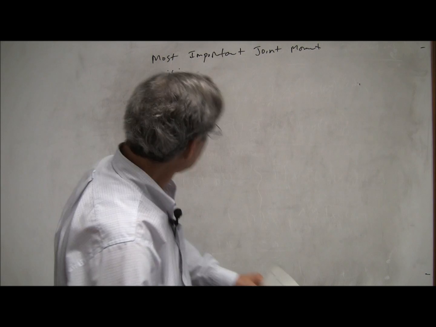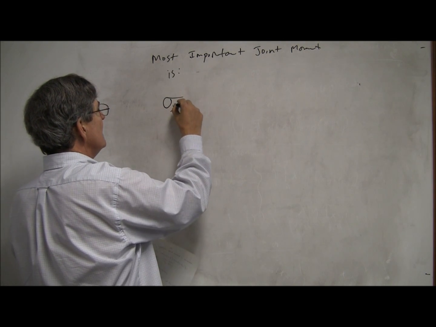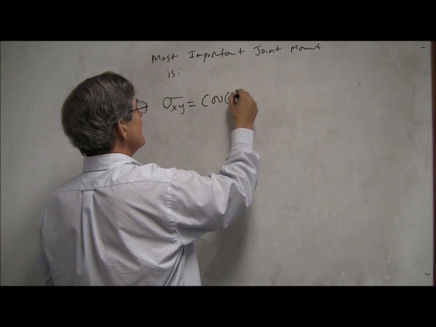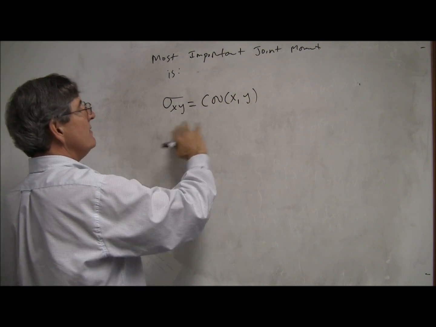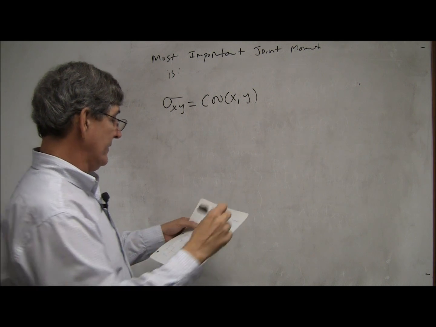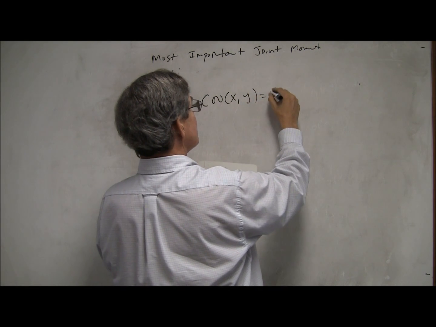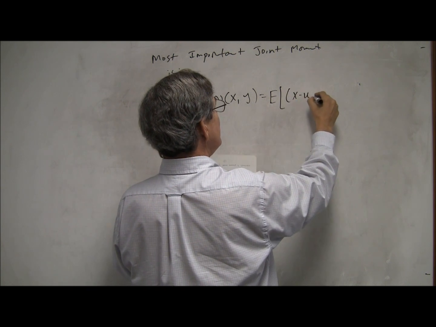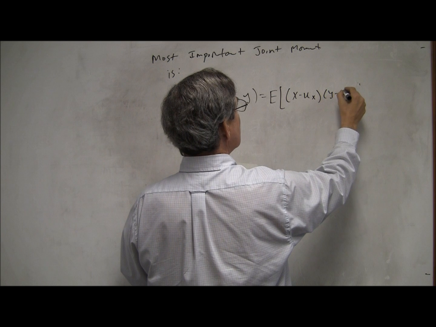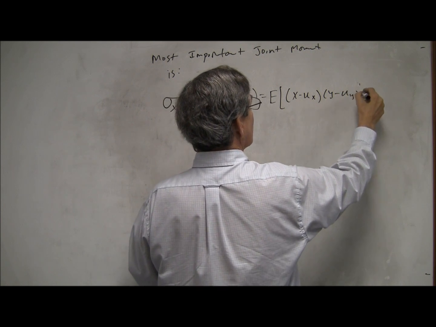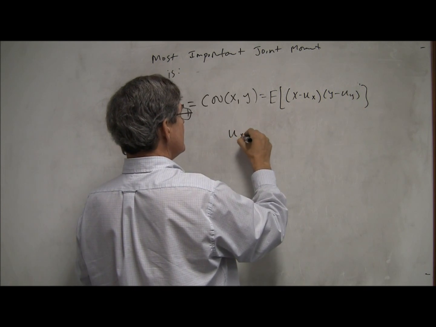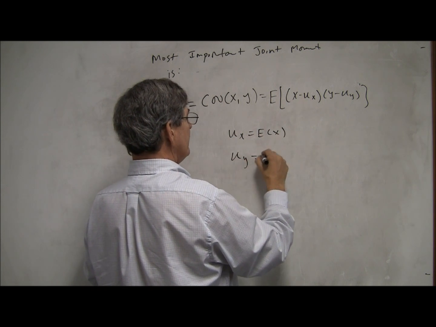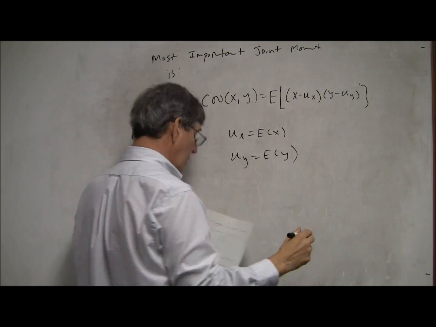It's defined as, we're going to write it as sigma_xy. That's the covariance. Another way we'll write it is the covariance of x and y. These are equivalent notations. They're completely interchangeable. It's equal to the expected value of x minus the mean of x times y minus the mean of y, where mu_x is just the expected value of x, just like we did earlier, and mu_y is the expected value of y.